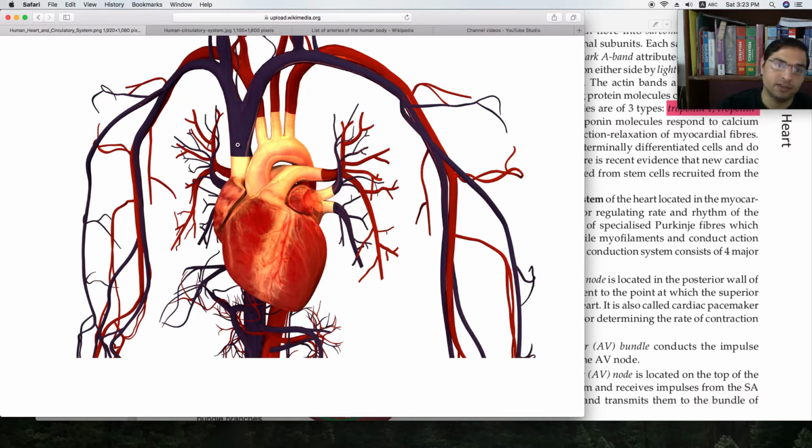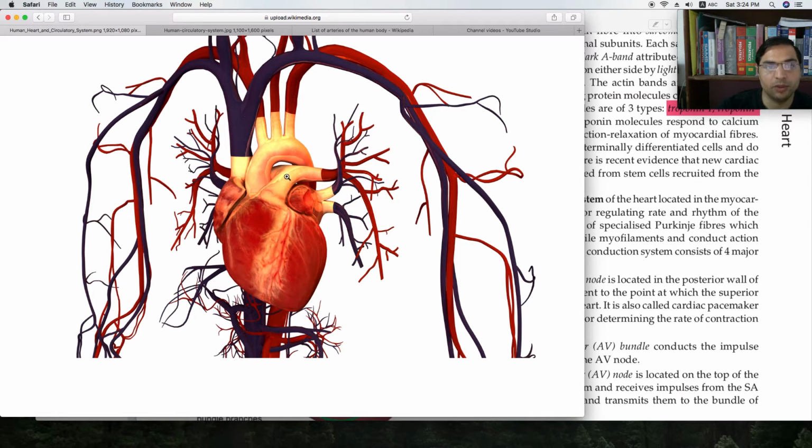Then this is the superior vena cava, which is bringing the blood from the upper portion of the body into the heart, and this is the inferior vena cava, from the lower portion of the body. It is bringing the deoxygenated blood into the heart, right? Then this is the pulmonary artery, right? Sorry, this is the pulmonary vein.